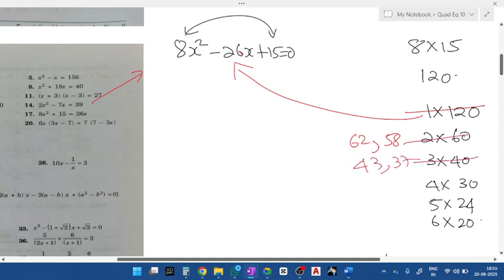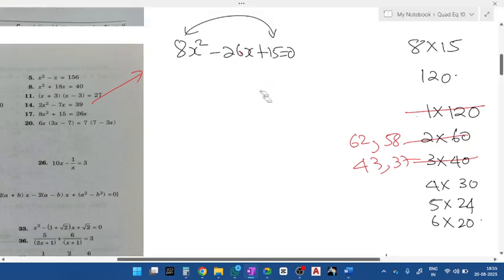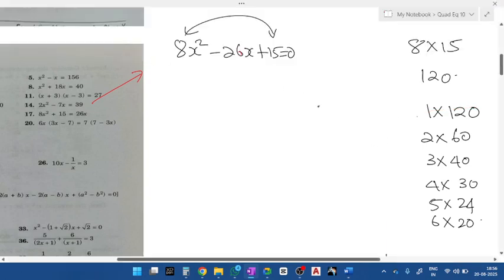Not possible, right? Which of these values are possible? What about 4 and 30? 6 and 20? Okay, which combination gives 6 and 20? 6 and 20. Minus 6, minus 20. Good. Complete it. All of you will complete this, student.